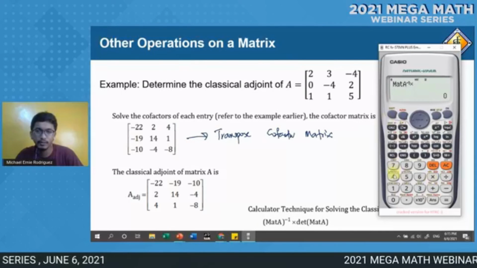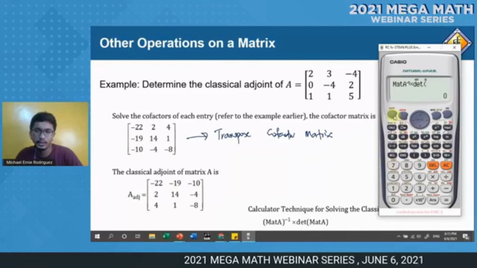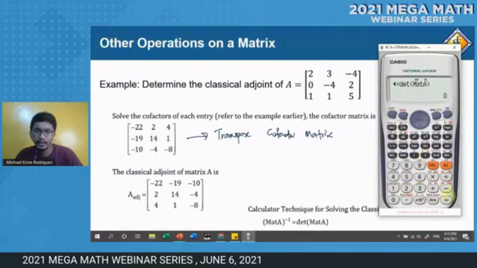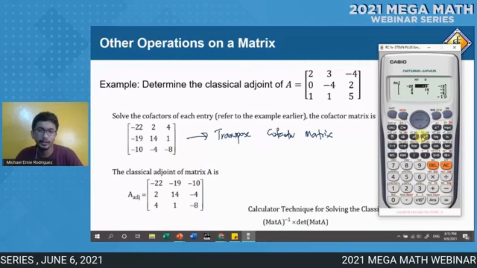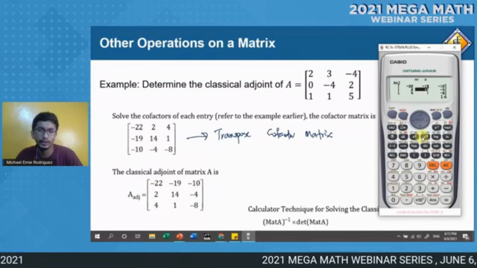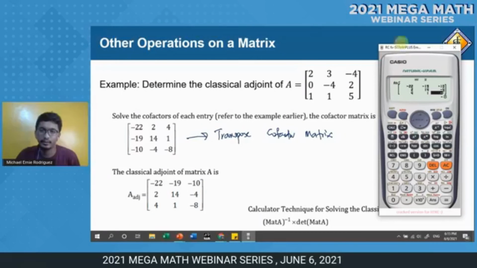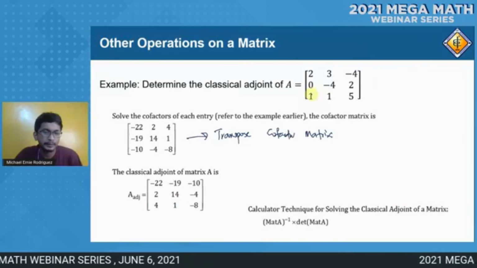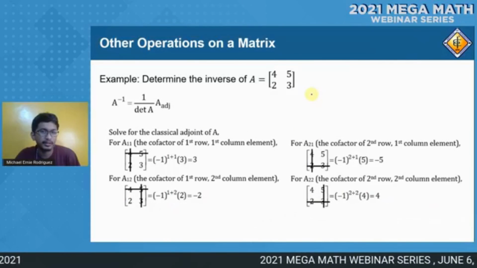And then shift of determinant 7. And then matrix A, yan. So, that is, ayan. So, negative 22, negative 19, negative 10, 2, 14, negative 4, 4, 1, negative 8. So, yun yung ating Caltech naman for classical adjoint. And then, ito sa inverse, we have, ito yung formula natin for inverse.